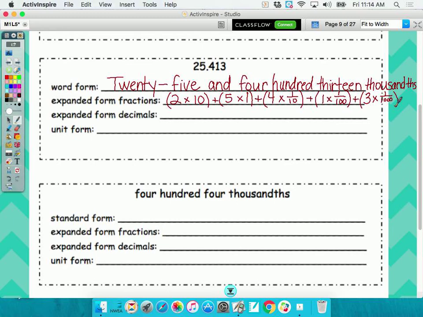So there's expanded form with fractions. Who remembers the only thing I changed to make expanded form with decimals? Zeros. Well, you're a little bit right. I'm going to have the same number of zeros, but are they in the same form? No, instead of a fraction, they are in a decimal. That's where we get the word decimal.